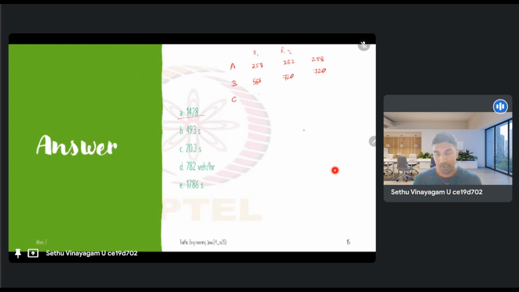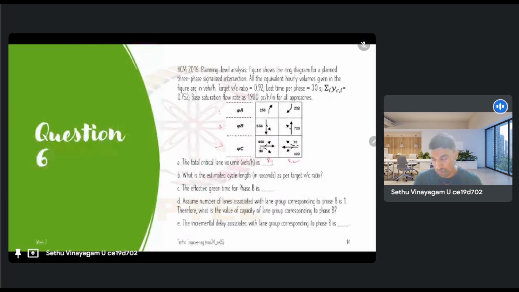And then for phase C, we have two lane groups in ring 1 itself, 450 and 90. If you look at the figure again, we have the through movement and the shared left turn, which is one lane group, and then the right turn is a separate lane group. It is not with the through movement.